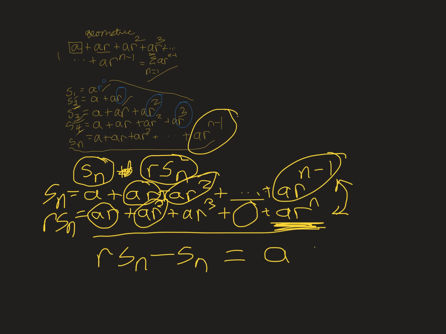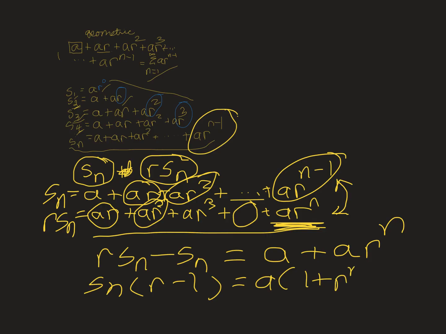So what we get is plus ar to the n. Okay? And then we can do a little factoring. S sub n times r minus 1 equals a times r to the n minus 1.